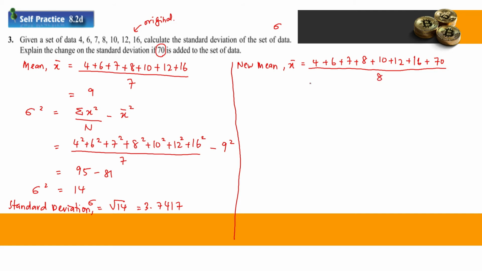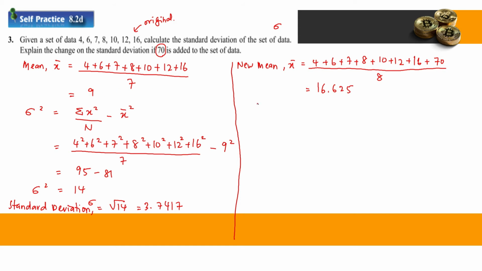So divide by 8. So the new mean becomes larger, 16.625 compared to the original mean.